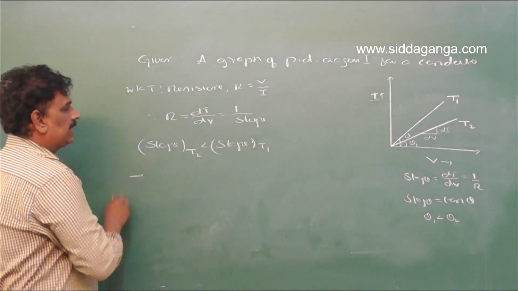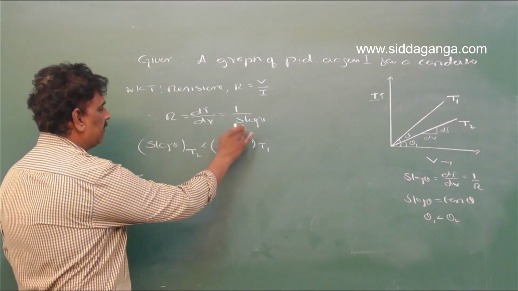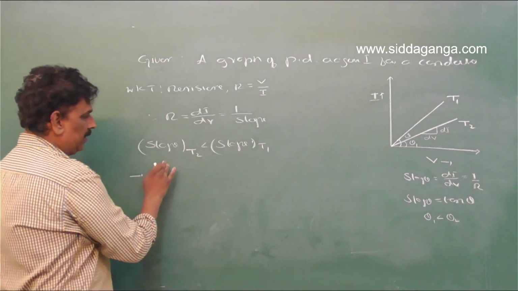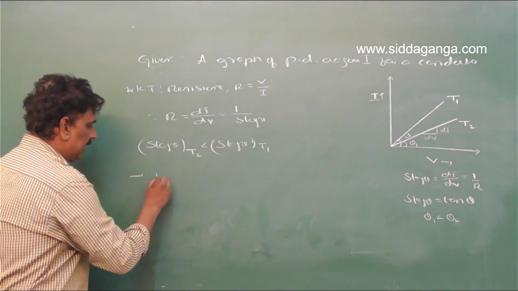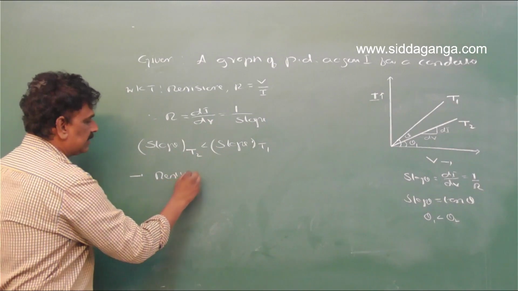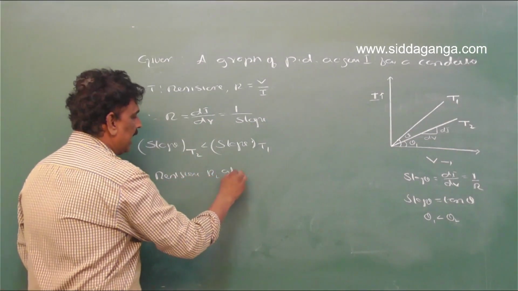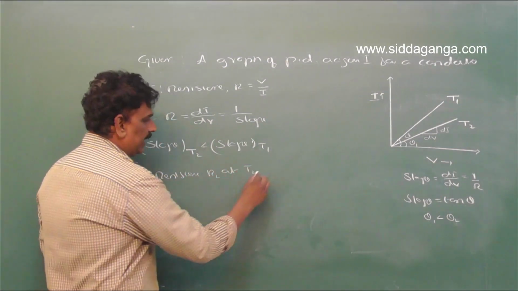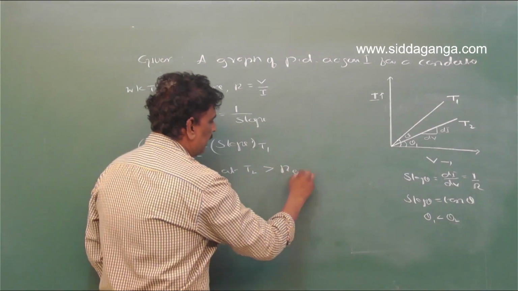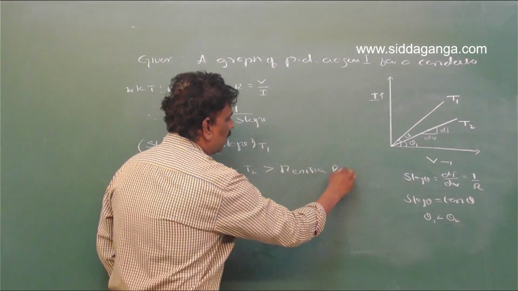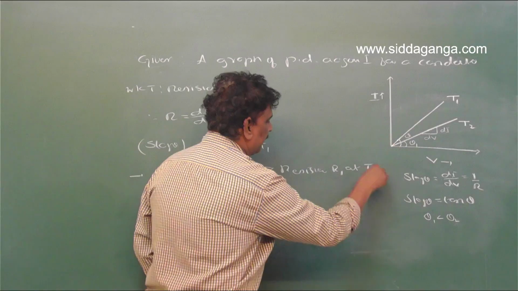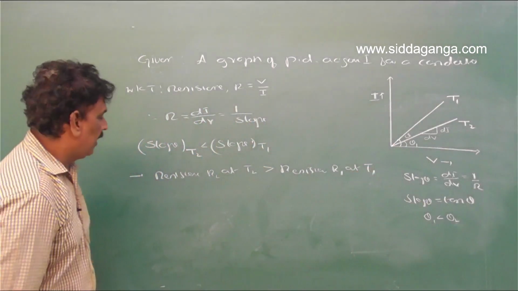That implies that, as R is inversely proportional to slope, the resistance R2 at T2 is greater than the resistance R1 at temperature T1.